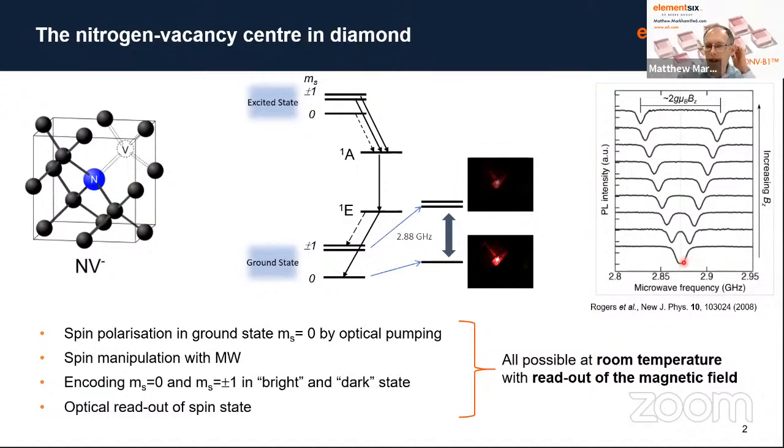Application of a magnetic field then splits these 2 energy levels, which you can see here. As you increase the magnetic field, that splitting is proportional, via fundamental constants, to the magnetic field. So you have a very simple magnetic field sensor.